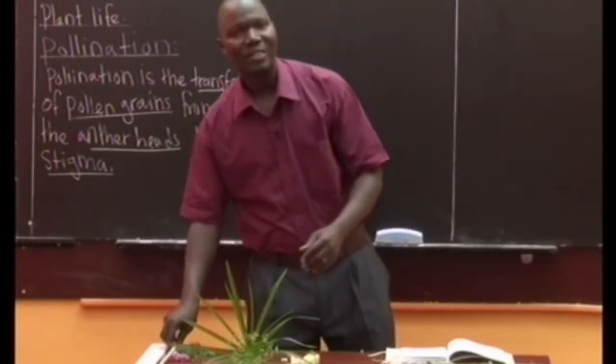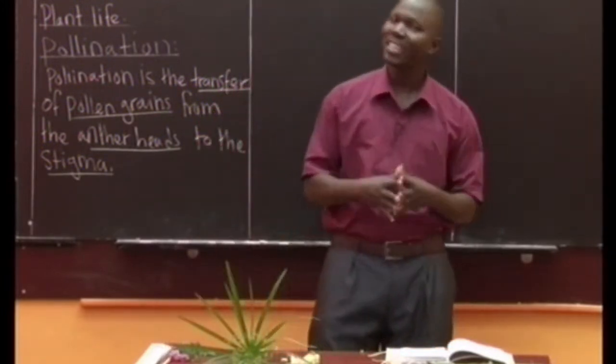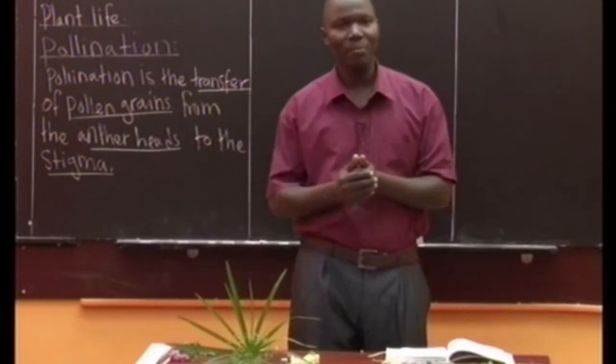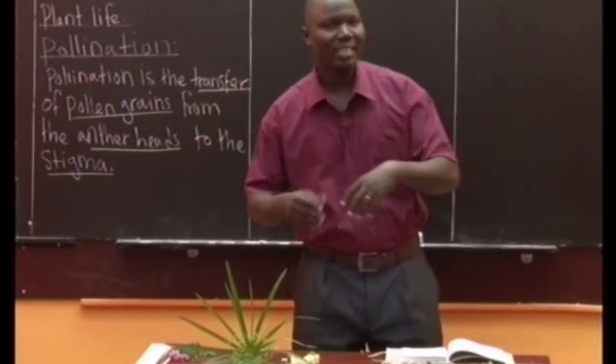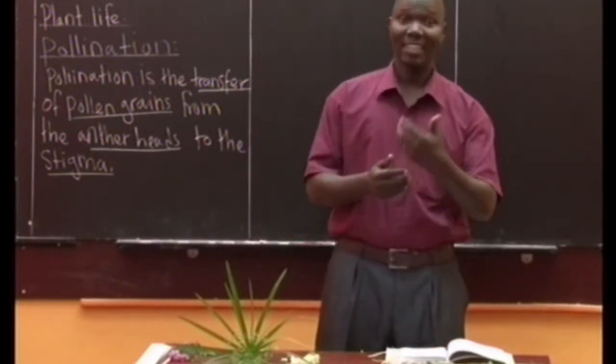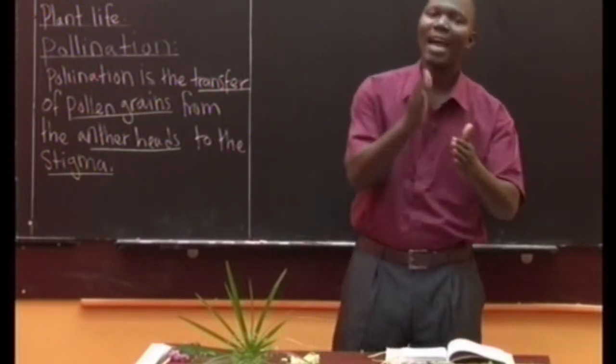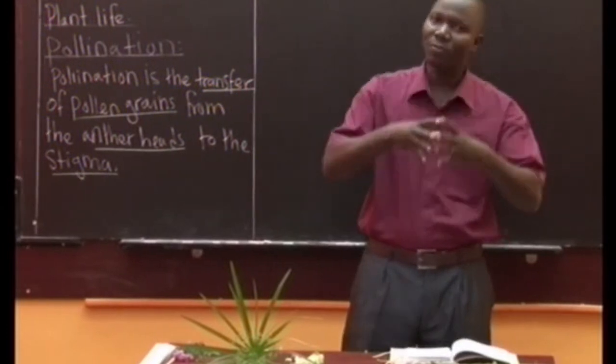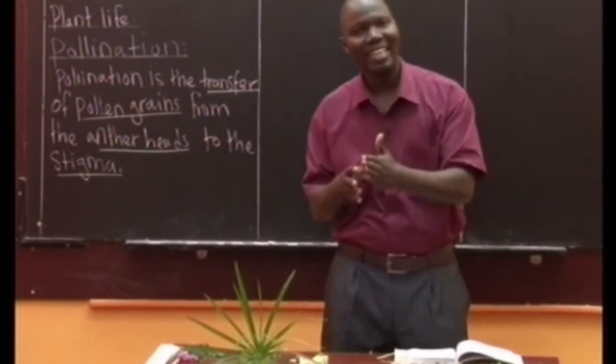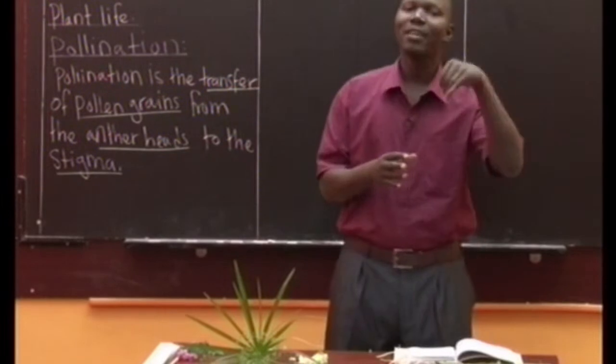Now, children, we ask ourselves, how does the pollen move? Does it have legs? Does it have a bicycle? Does it have a car? How does the pollen move from the anthers to the stigma?